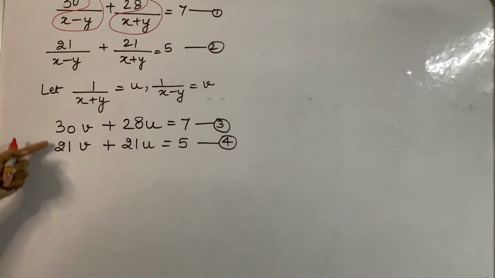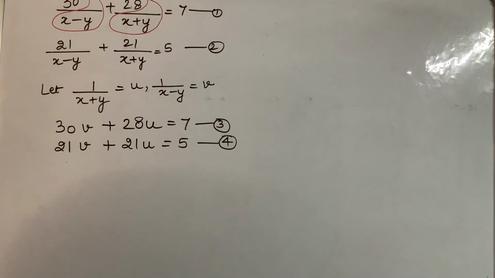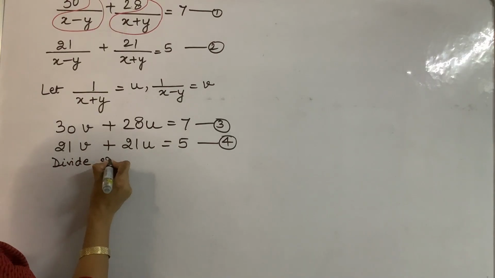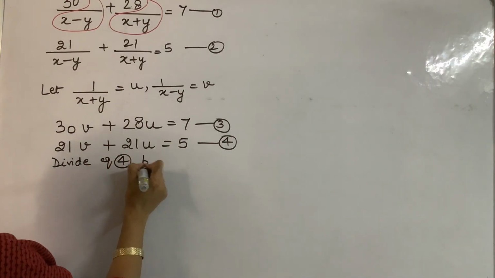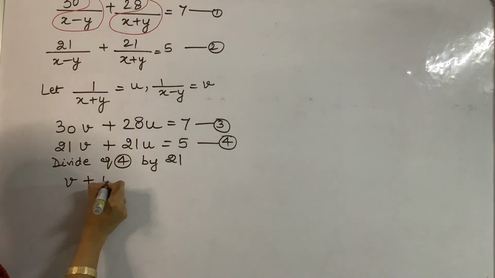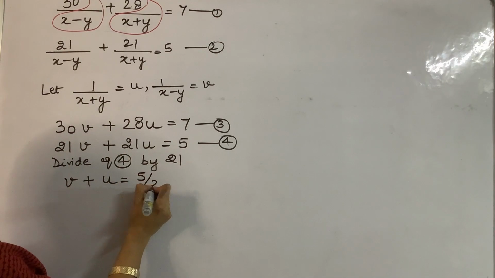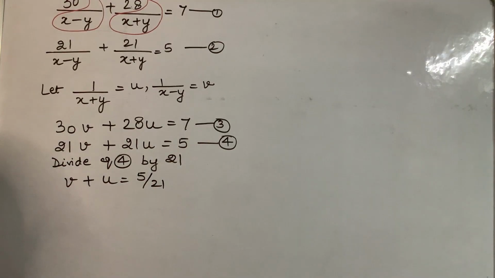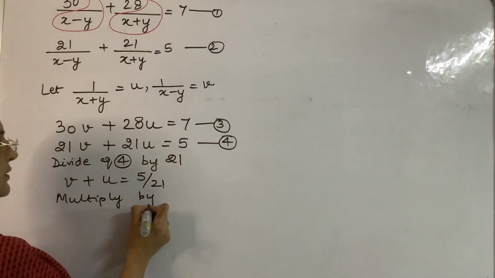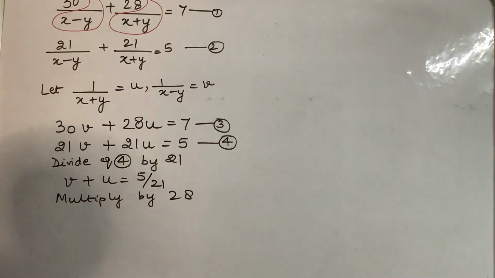Now how to solve these? If you multiply these, they become a bit longer in calculation. So let us divide equation 4 by 21. So this becomes v plus u is equal to 5 upon 21. Now multiply by 28. Why are we doing this?